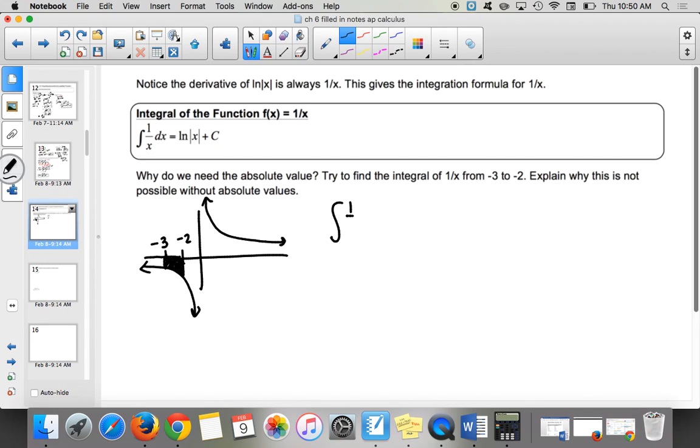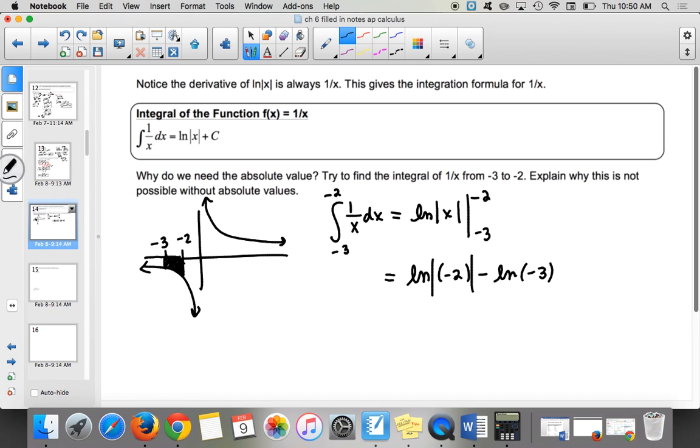So I have the integral of 1 over x dx from -3 to -2, then I get the natural log of the absolute value of x going from -3 to -2. If I had left off the absolute value, then I'd have natural log of -2 minus natural log of -3, and you can't have a natural log of a negative. Exactly. But we know that that's a number, right? The integral is forming a negative result of that area, so I should get a negative number. That's why I need those absolute values, otherwise we can't do it.